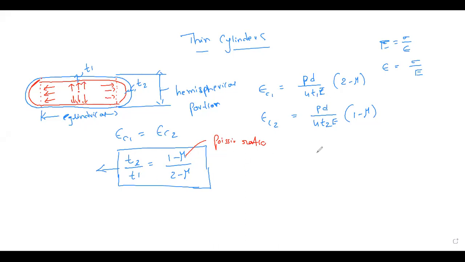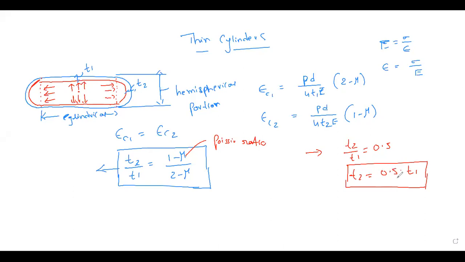Or else, as I discussed, one more formula where T2 by T1 is equal to 0.5, so T2 is equal to 0.5 times T1. Without having any Poisson's ratio, how can we get the thickness at the hemispherical portion?